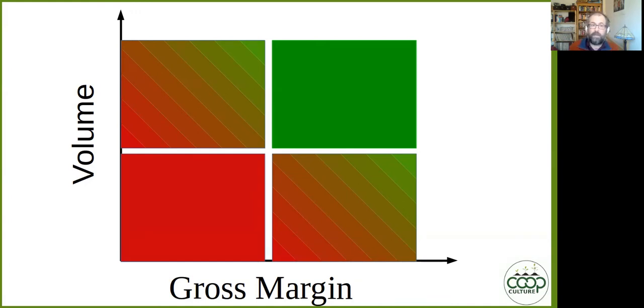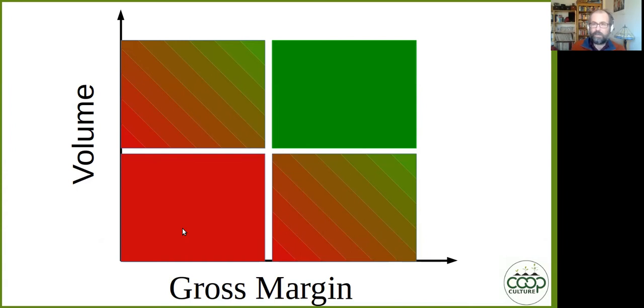So a high volume, low margin business is up here somewhere. A low volume, high margin business is down here somewhere. Now, a high volume, high margin business is obviously great. A low volume, low margin business won't survive very long.